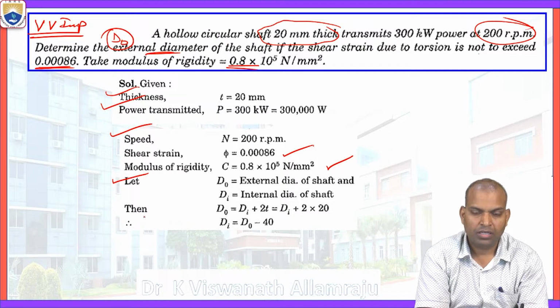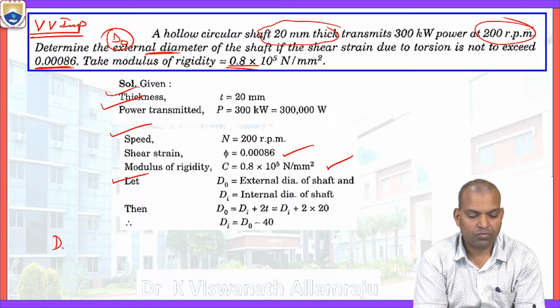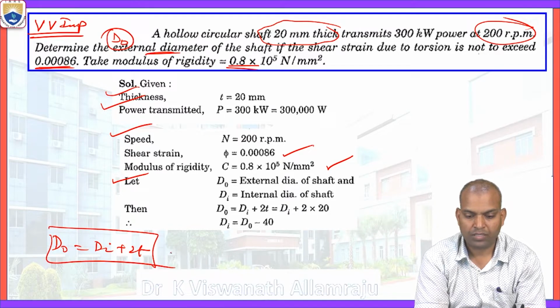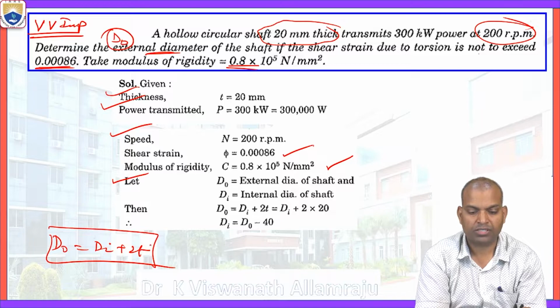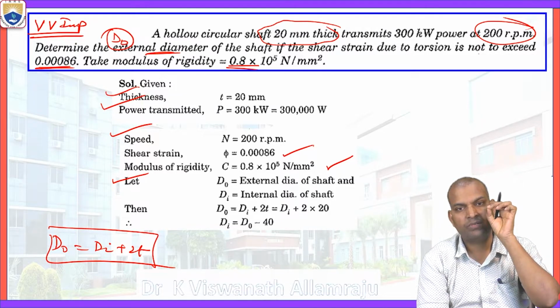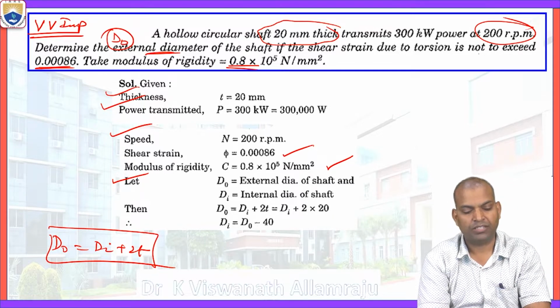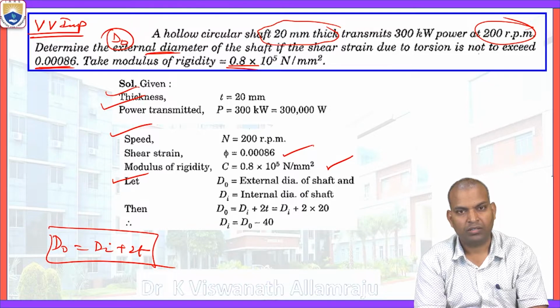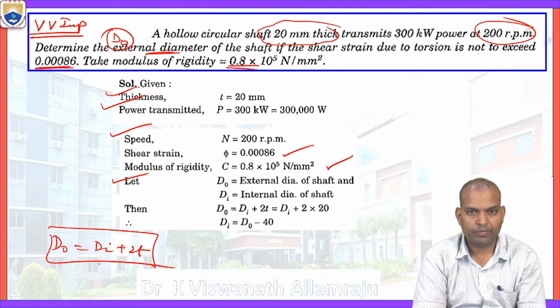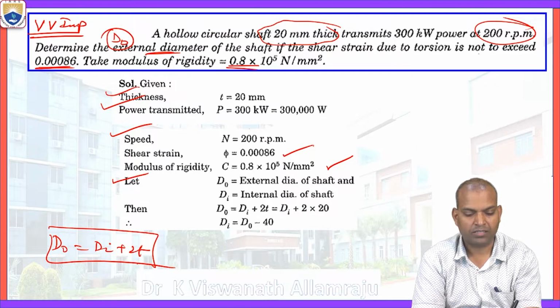The outer diameter equals inner diameter plus 2 times thickness.